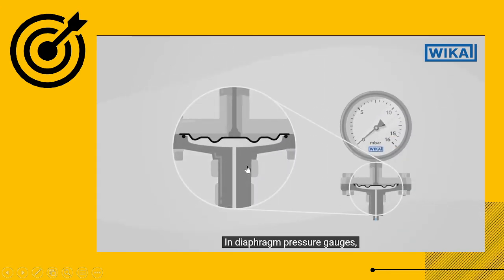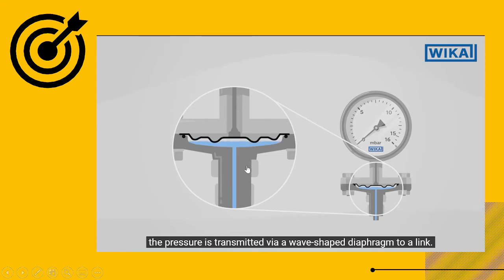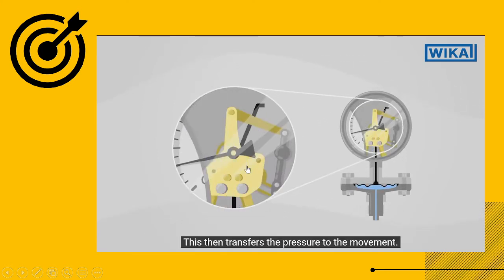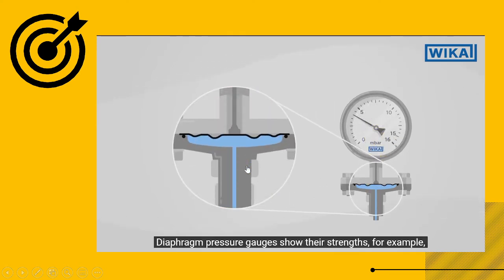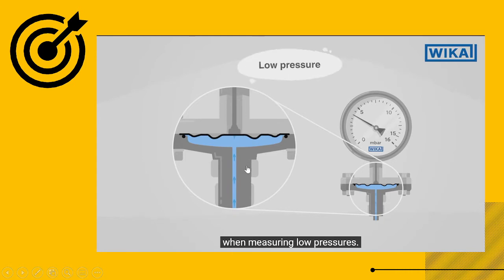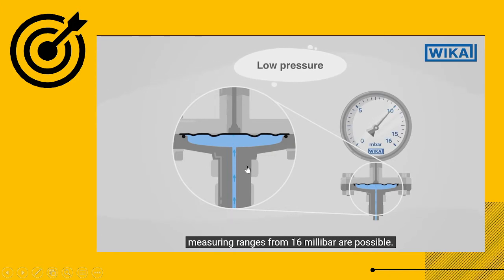In diaphragm pressure gauges, the pressure is transmitted via a wave-shaped diaphragm to a link. This then transfers the pressure to the movement. Diaphragm pressure gauges show their strengths, for example, when measuring low pressures. Due to the large diaphragm surface, measuring ranges from 16 millibar are possible.